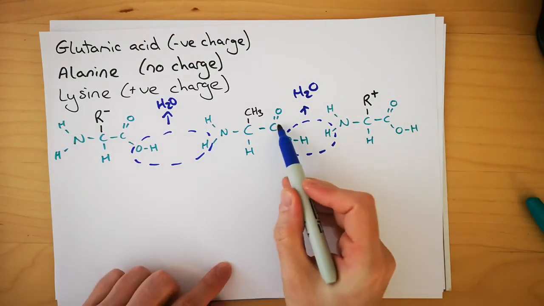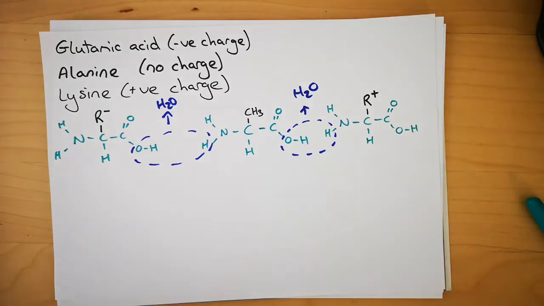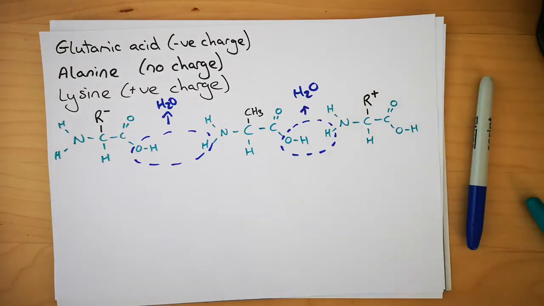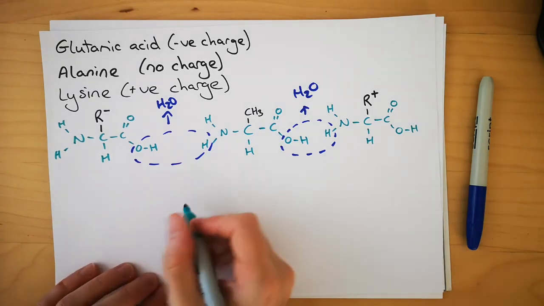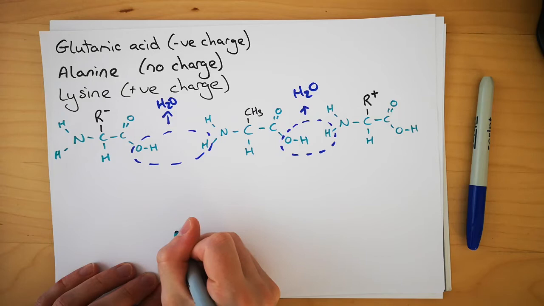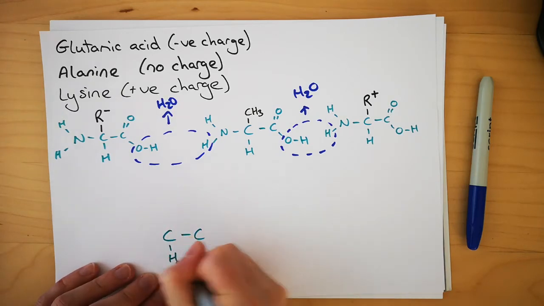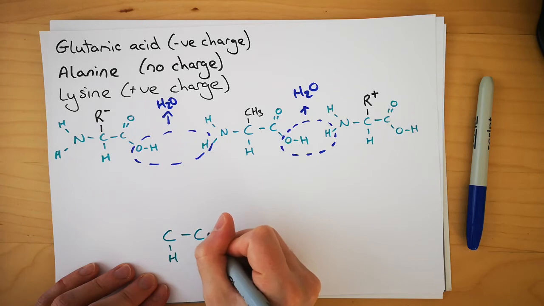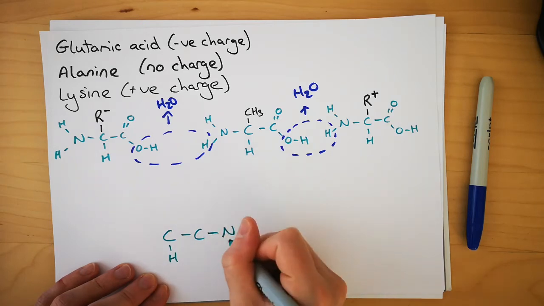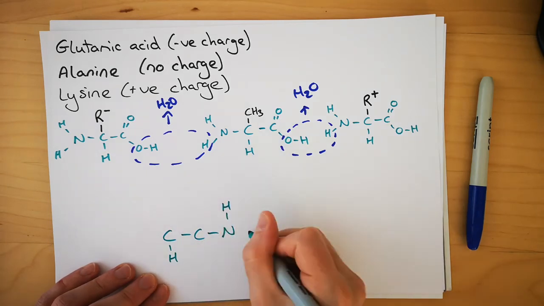And we're going to link that carbon with that nitrogen. And we're going to produce our polypeptide chain. So what we're going to have, hopefully if I don't mess anything up, is our carbon, little hydrogen there. And this will go on to a nitrogen, a little hydrogen there.